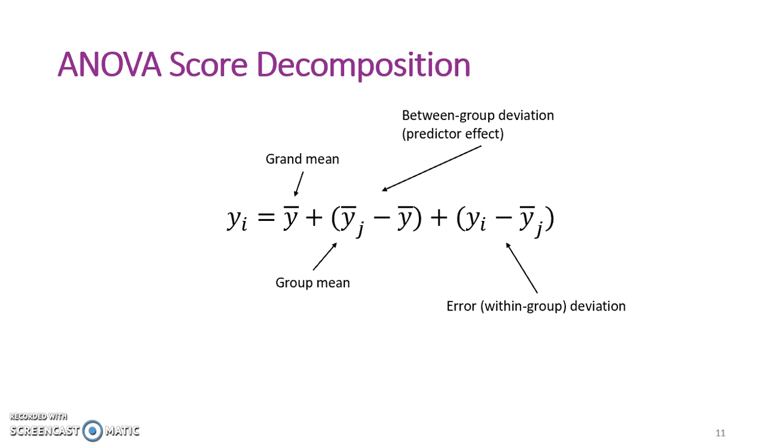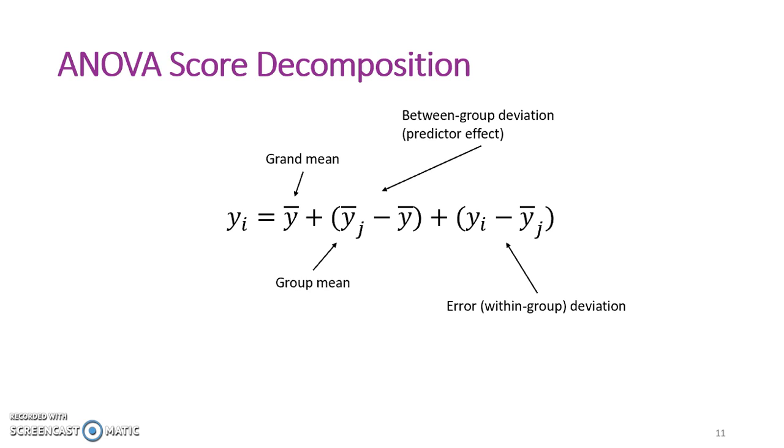That score is equal to these different parts that represent deviation. We've got the grand mean, which in this example is 10. Then it's the grand mean plus this between group deviation, the predictor effect, which is the difference between the group mean and the grand mean. Here that would be the difference between 15 and 10.